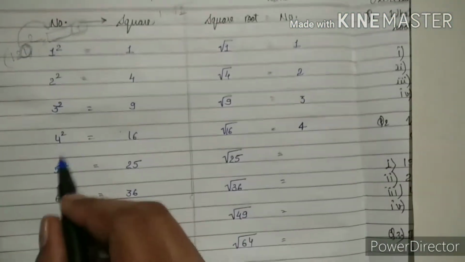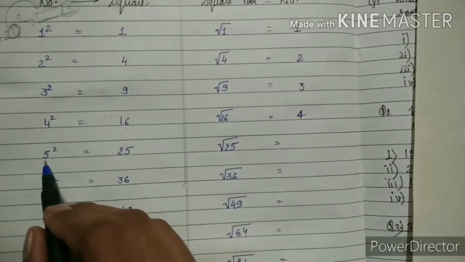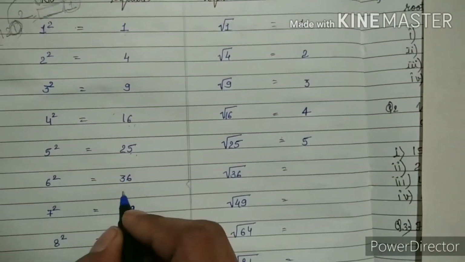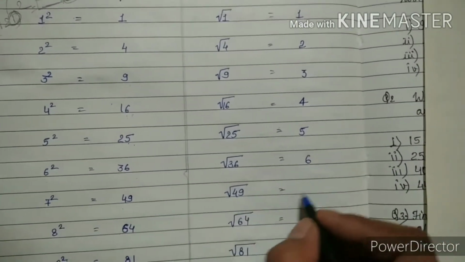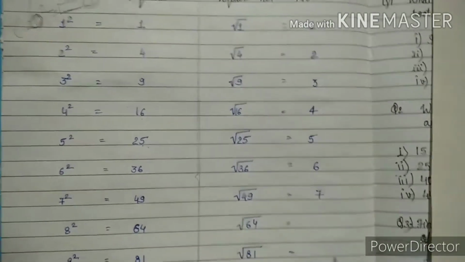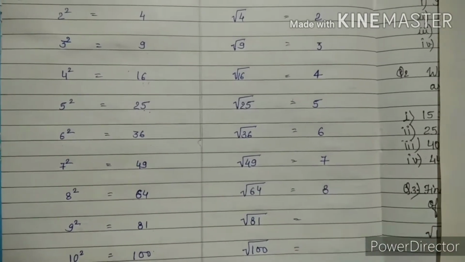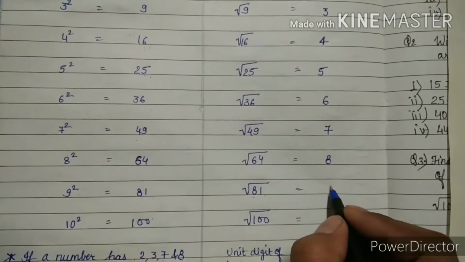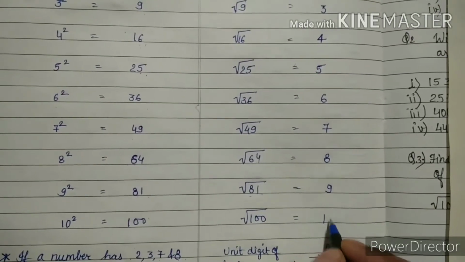Both cases are reversible. 4 square is 16, so under root 16 is 4. 5 square is 25, so under root 25 is 5. 6 square is 36, so under root 36 is 6. 7 square is 49, so under root 49 is 7. 8 square is 64, so under root 64 is 8. 9 square is 81, so under root 81 is 9. 10 square is 100, so under root 100 is 10.